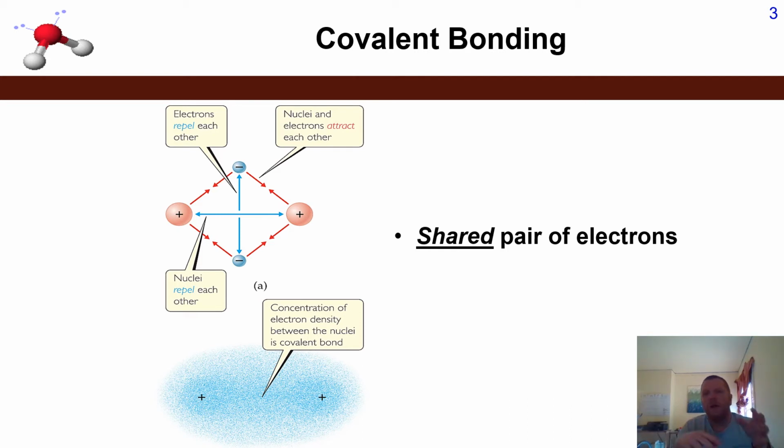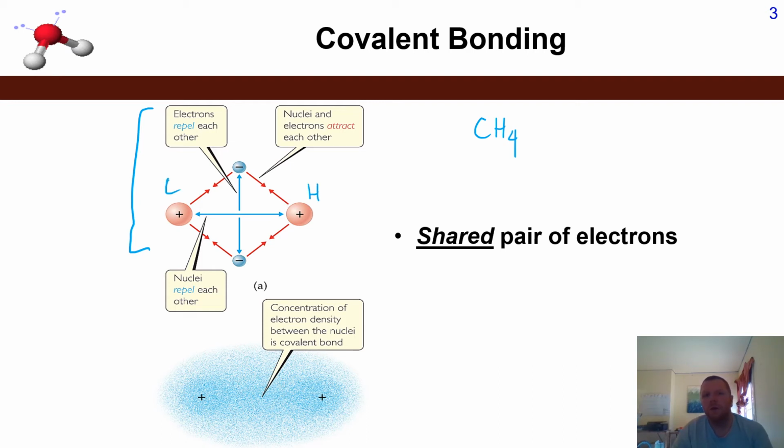The nuclei of those two atoms are going to be close to, or relatively close to, one another because you are sharing electrons. What we see in this top figure is the nuclei of our two individual atoms. Let's say, for the sake of an example, CH4. CH4 is a compound made up of nothing but nonmetals, carbon and hydrogen.